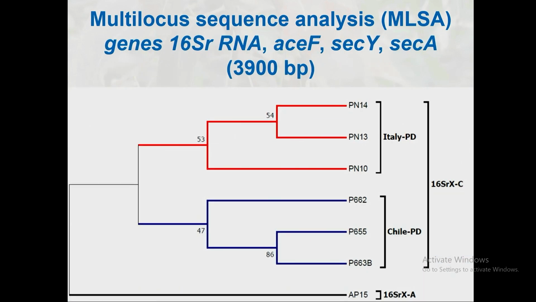Well, as you can see now in this phylogenetic tree, concatenating these 4 genes, including 16S rRNA, we obtain a separation between the strains from Italy and the strains proceeding from Chile. And of course, Candidatus Phytoplasma mali is separated from the strains of Candidatus Phytoplasma piri.